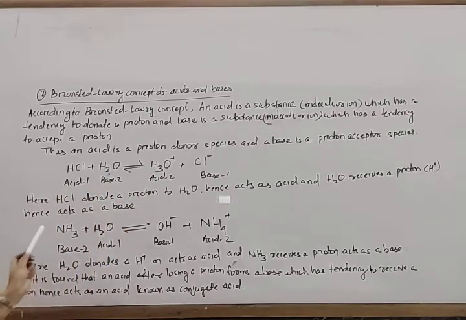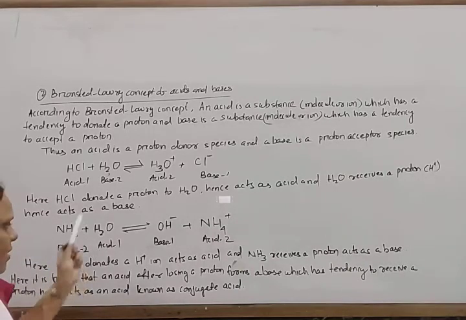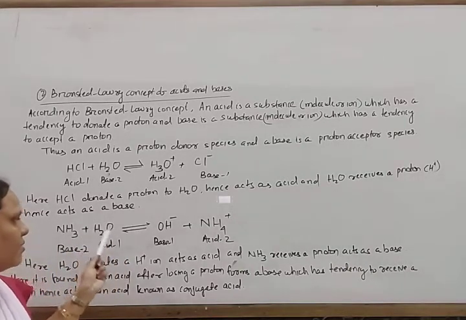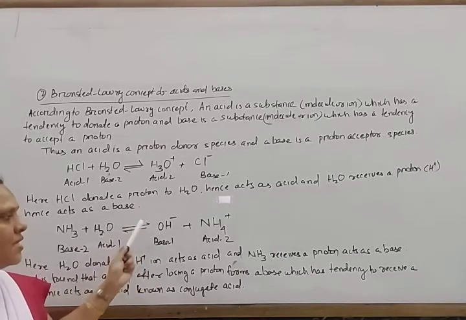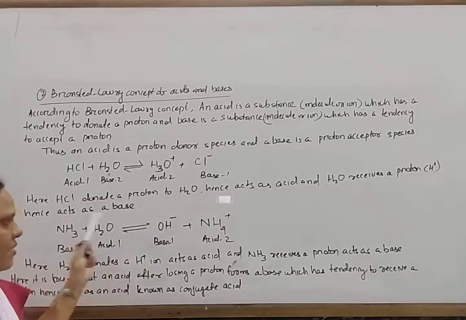Similarly, when we consider ammonia and water, here water gives the H plus ion. So when we compare these two, here water acts as an acid while ammonia acts as a base. Water after giving an H plus ion forms the OH minus ion, which now has a tendency to receive an H plus ion.